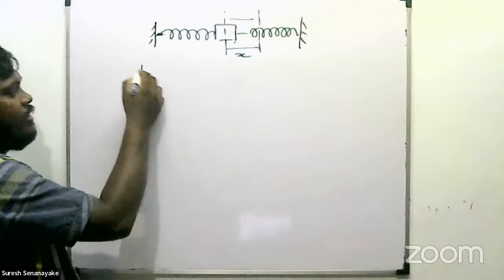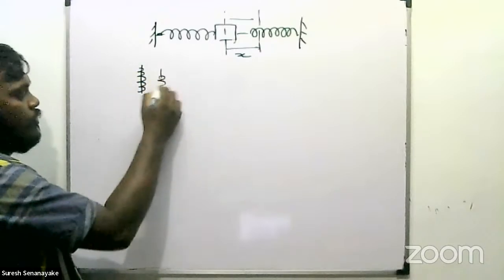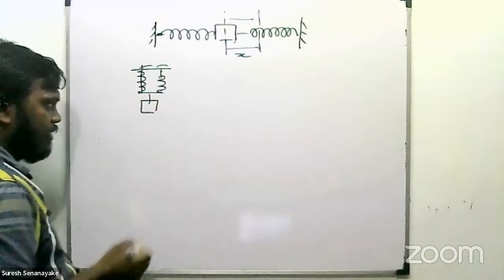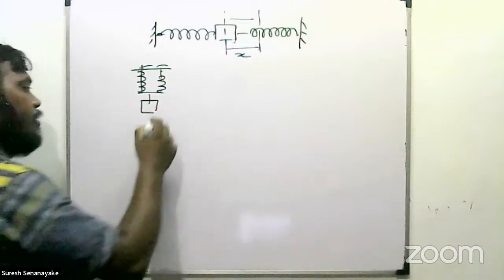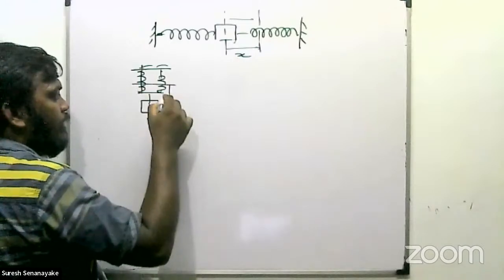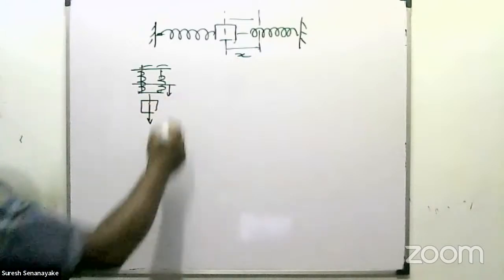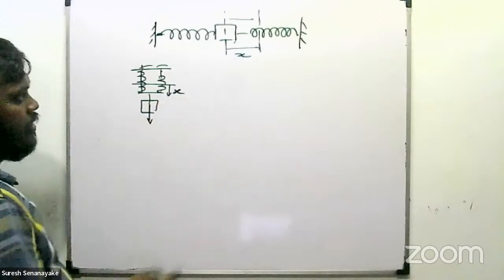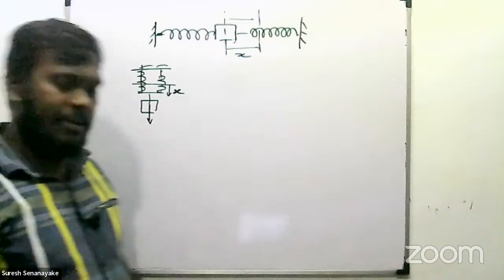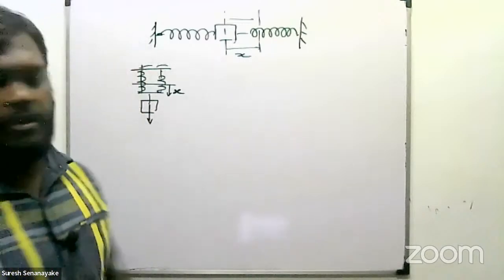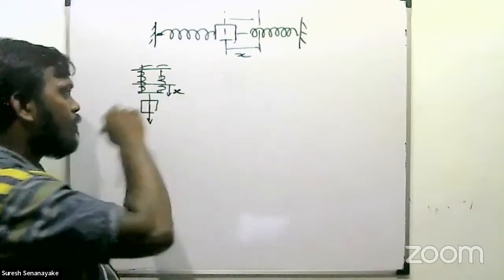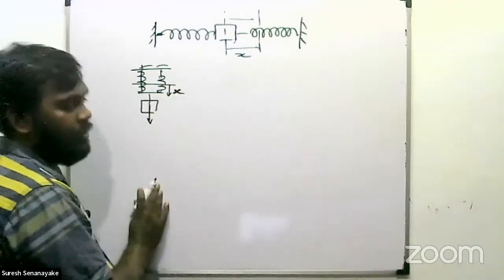This is similar to two springs connected to one body. If this is pulled down, both will extend by the same amount. Here the only difference is that one contracts while the other extends. So you can treat this system as equivalent to that.